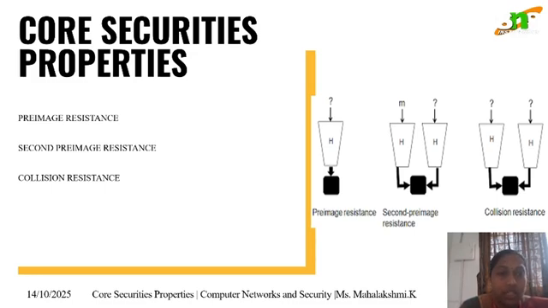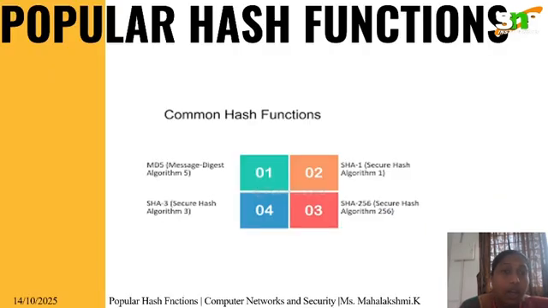Second pre-image resistance means it is difficult to find a different input that gives the same output, so slightly different inputs give different hashes. Collision resistance means that even when the inputs are almost the same, the outputs change drastically. So those are the properties of secure hash functions.